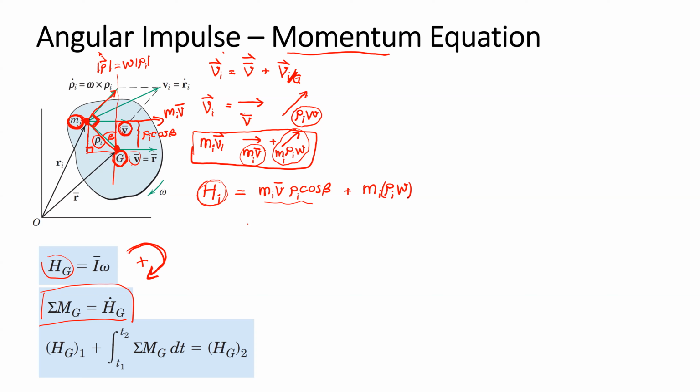Rho I omega is the magnitude of the relative velocity. Mi is the mass of the small particle. And here is the linear momentum. To obtain the angular momentum, we need to multiply by the orthogonal distance. This orthogonal distance has the magnitude of rho I.